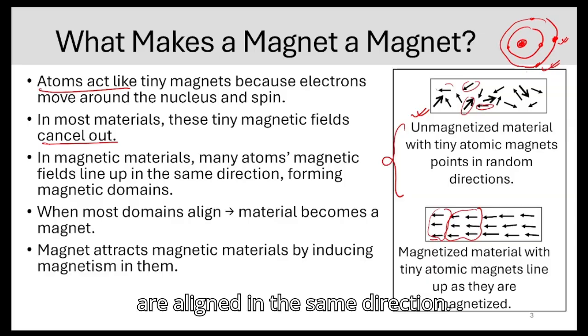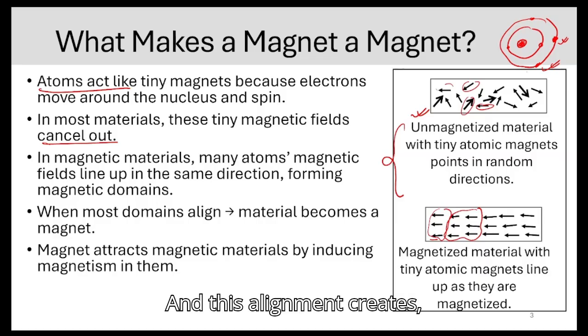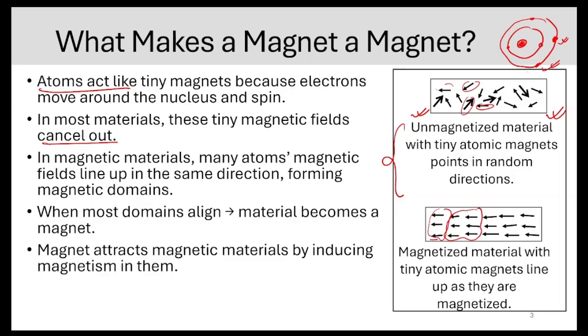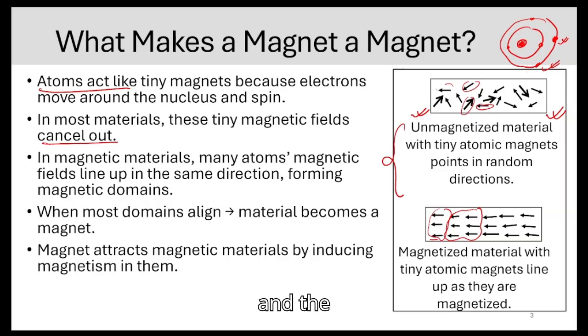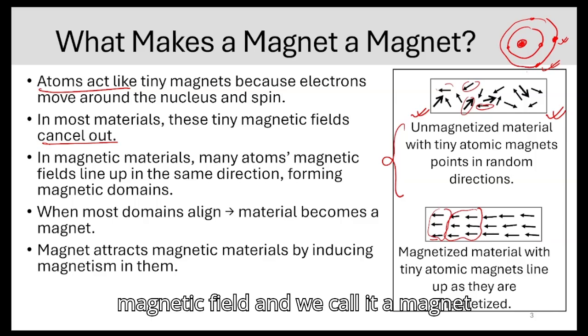This alignment, instead of cancelling like in random orientation, creates a strong unified magnetic field. The summation of all these small magnetic fields will be a strong magnetic field, and we call it a magnet.